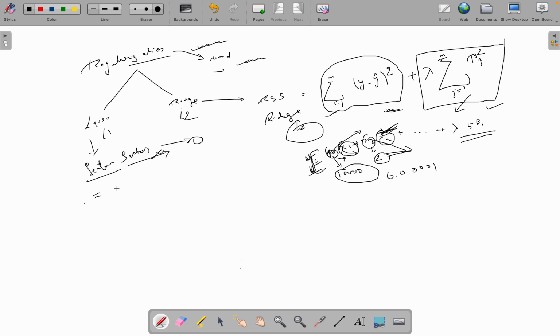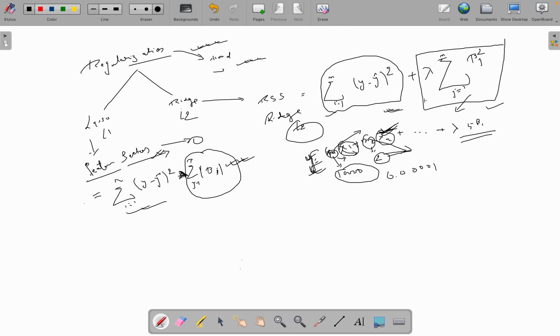The equation of lasso is the sum from i equals 1 to n of (y actual minus y predicted) squared, plus lambda times the sum of the absolute values of the coefficients, j equals 1 to p, of bj. So this is the lasso equation, and you can see that we are penalizing with the sum of the absolute values of the coefficients, and we have a term here that is lambda.